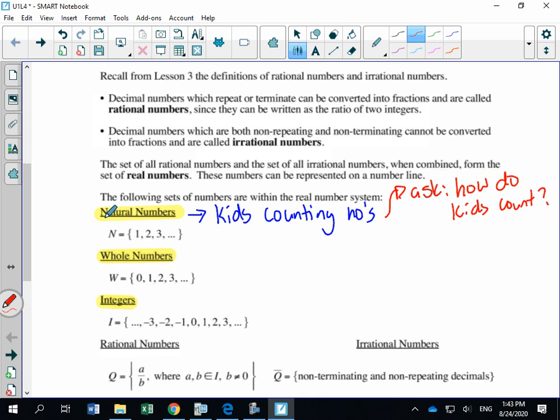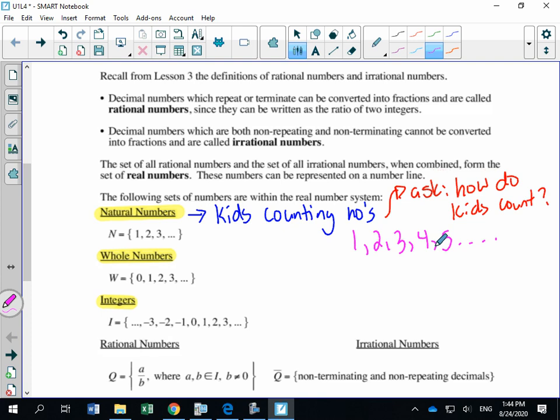I don't know why, but all kids, when they start counting, they will all start at the number 1. 2, 3, 4, 5. When kids count, they start at the number 1. They never start at the number 0. So the very first or the lowest natural number is 1, and then 2, and then 3, and then 4, and then 5. Those are the natural numbers.